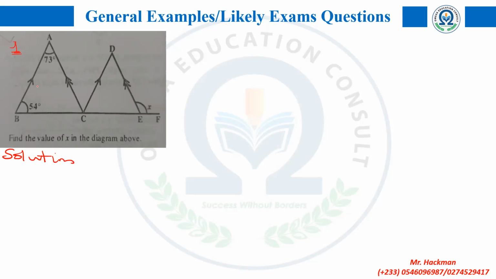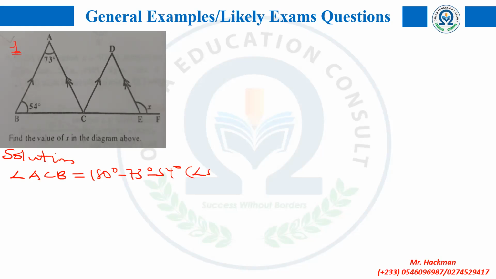So here, what do we do? We are going to look at the angle here. I want to find this angle here, and this angle is angle BCA or ACB. So angle ACB will be equal to 180 degrees minus 73 degrees, then minus 54 degrees. And what is my reason?